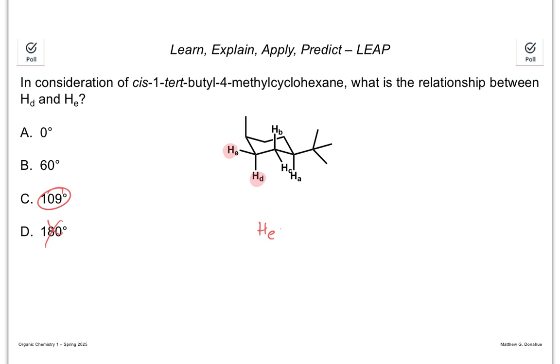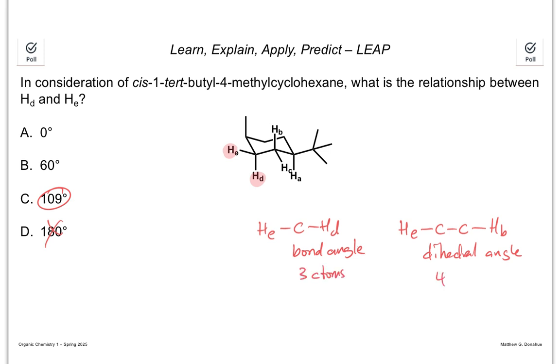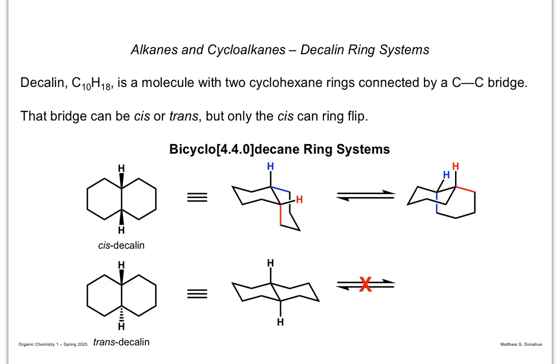So HE to carbon to HD. That's bond angle. So for, again, a dihedral angle is like HE, carbon, carbon, HB. So bond angle has 3 atoms. Dihedral angle has 4 atoms. I think this is the last of that, yeah.